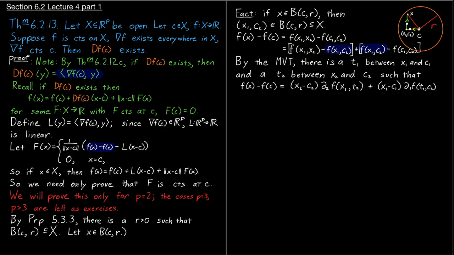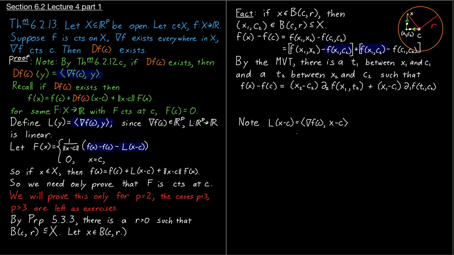Notice this thing we've just written down has some derivatives of f multiplied by x's minus c's. That looks an awful lot like this L of x minus c, which has derivatives of f at c and x minus c. So let's write down what that comes out to. So now we note L of x minus c, that's gradient f of c, inner product with x minus c.